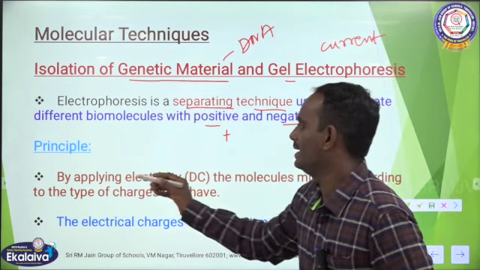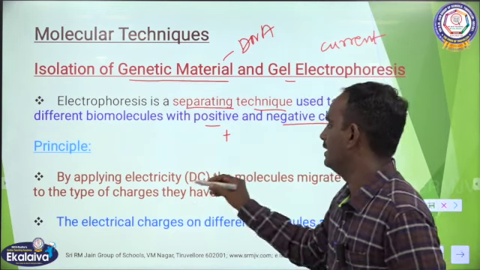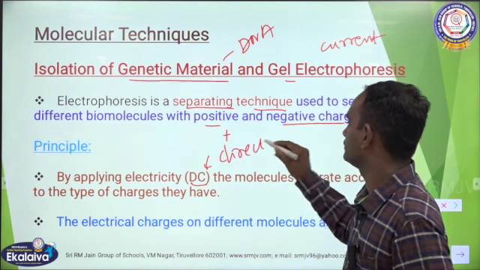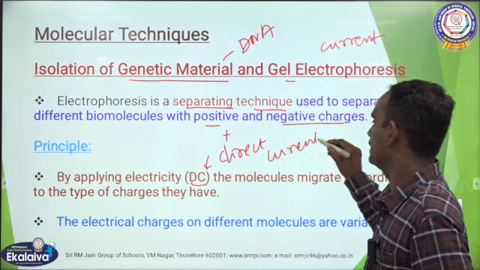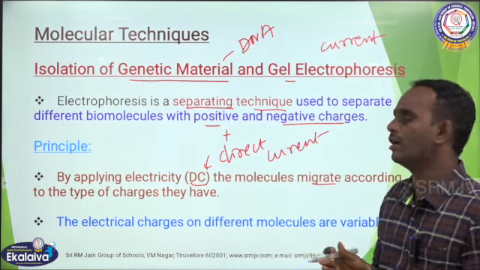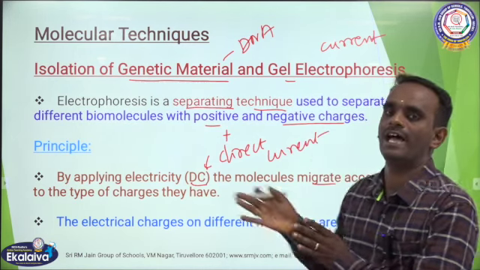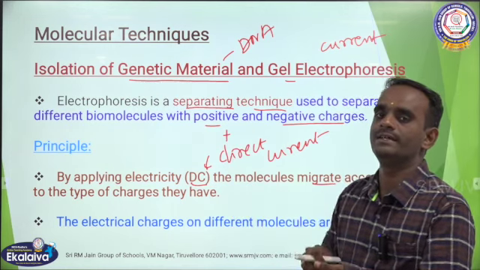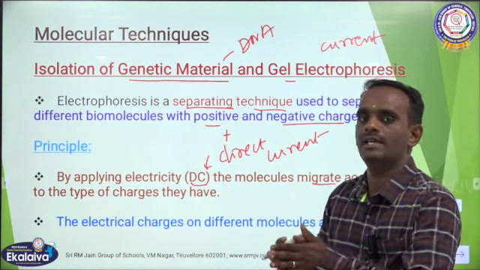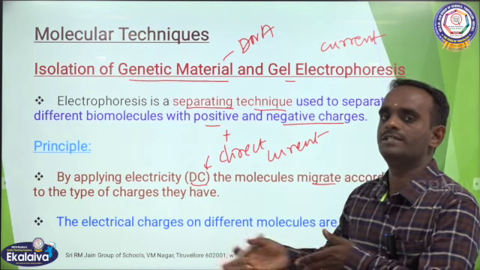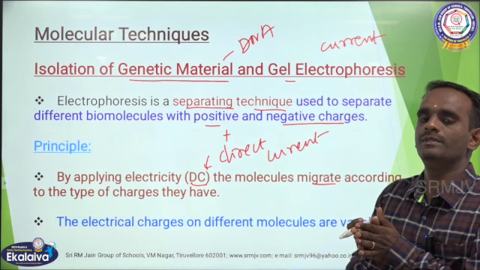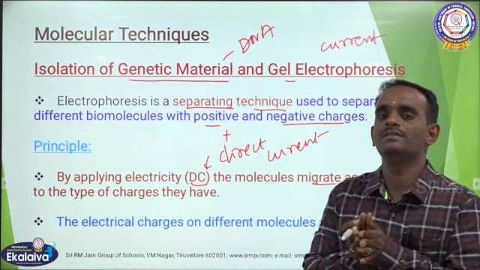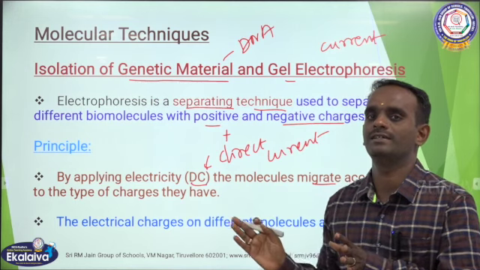Principle. By applying electricity, DC, that means direct current, the molecules migrate according to the type of charges they have. So, just when we apply the current, the molecules are moving, they are migrating according to their charge. A cation moves towards the cathode, an anion moves towards the anode, like that.